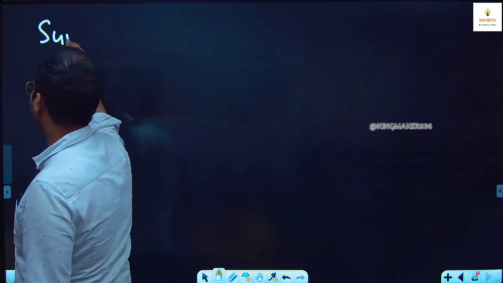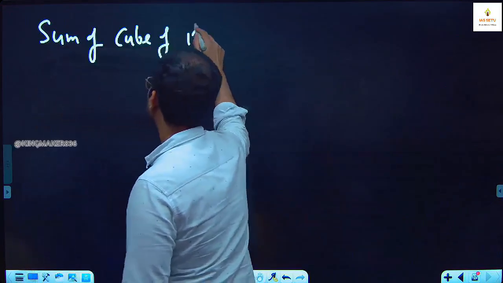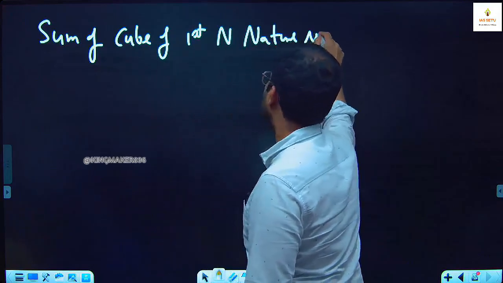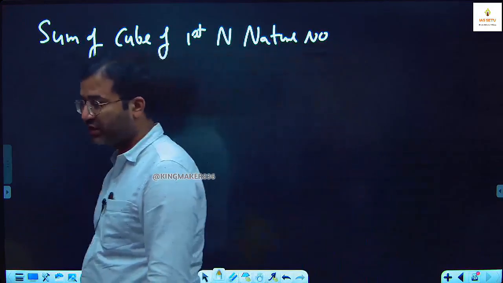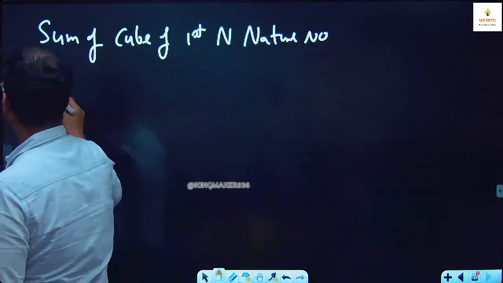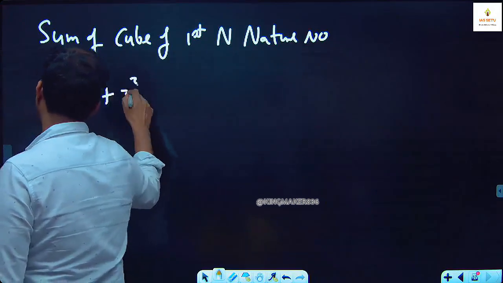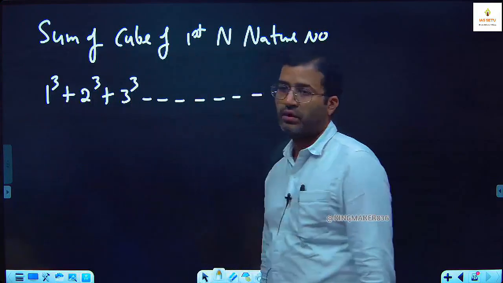Sum of cube of first n natural numbers, like 1 cube plus 2 cube plus 3 cube up to n cube.